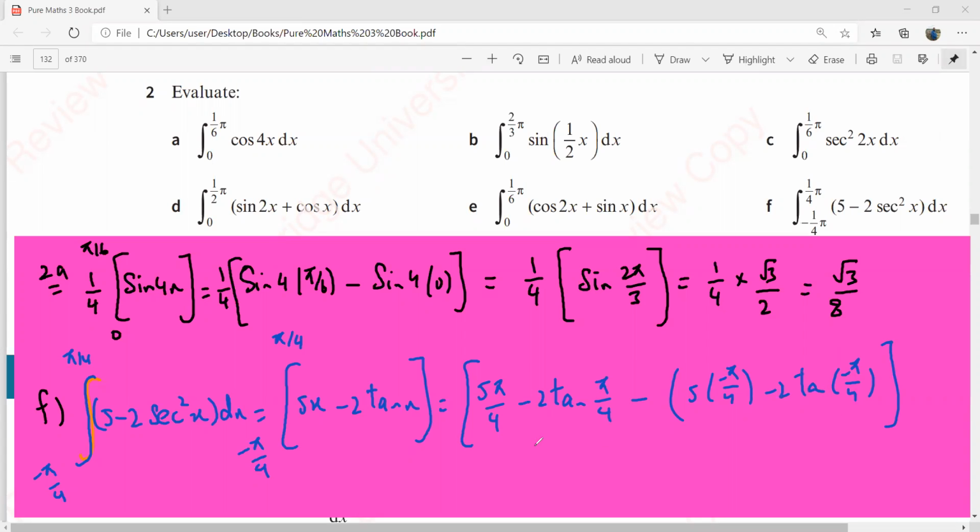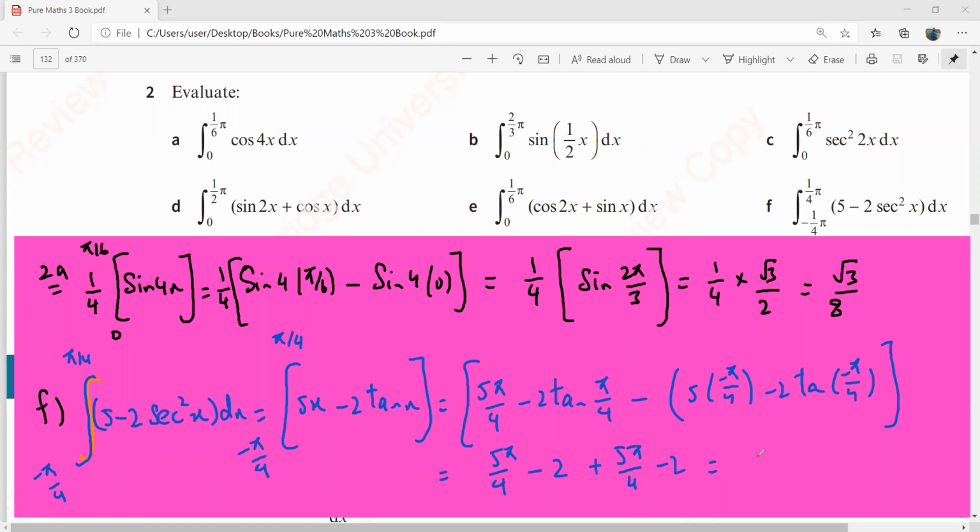So you have 5 pi by 4. Tan pi by 4 is 1, so this is minus 2. This is plus 5 pi by 4, and tan of minus pi by 4 is basically minus 1, so this is plus 2 and this is going to be minus 2.